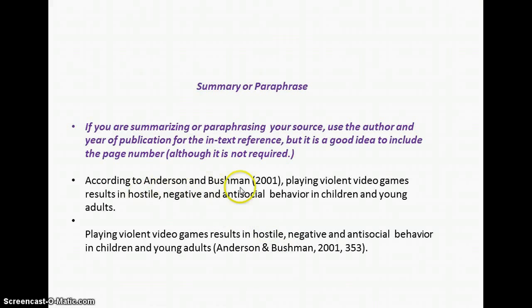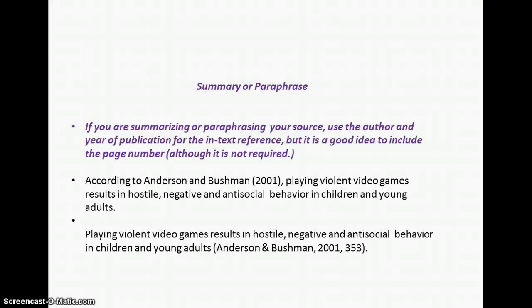First one is according to Anderson and Bushman, again using and because this is a signal phrase or the first part of the sentence. Playing violent video games results in hostile, negative, and antisocial behavior in children and young adults. That's just a summary of a paragraph that I read about in the article, and I've put it in my own words.